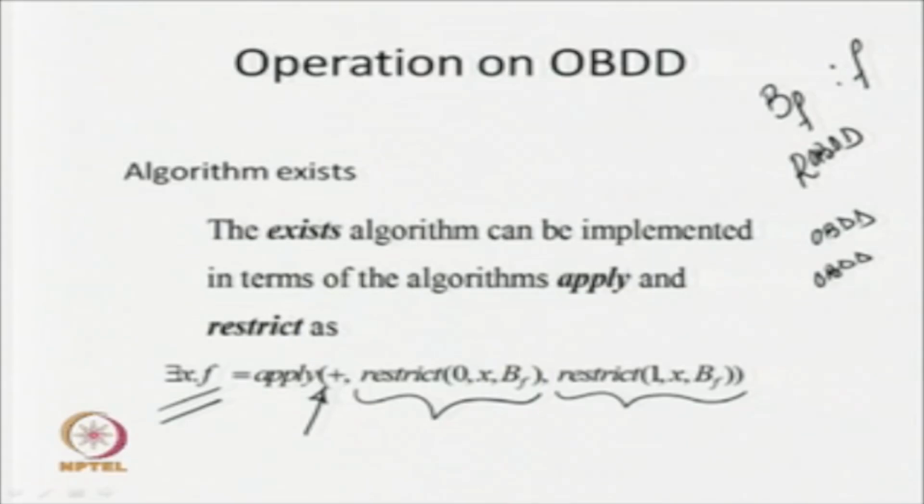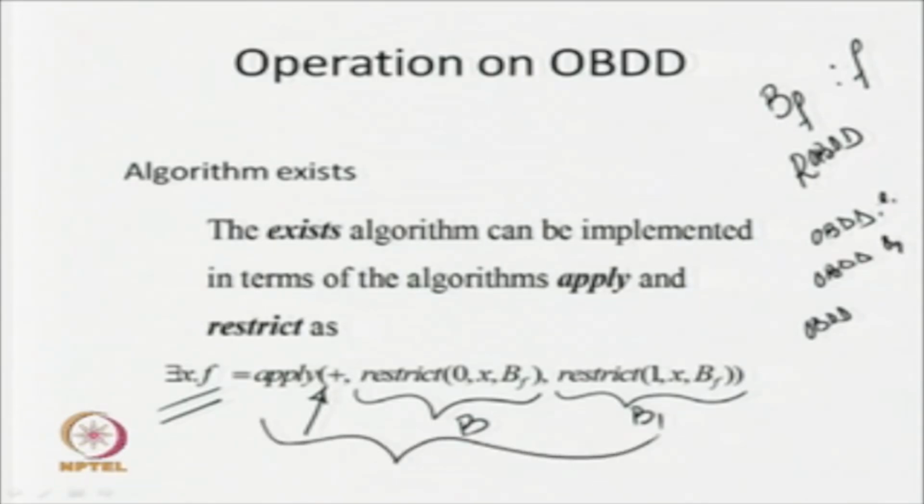Now, we are going to apply the plus operation in the apply algorithm. So, the resultant will be another OBDD. So, I can say that this is B 1 and this is B 2. So, I am getting OBDD B 1 and OBDD B 2. After performing this apply operation, I am going to get another BDD, say B 3.